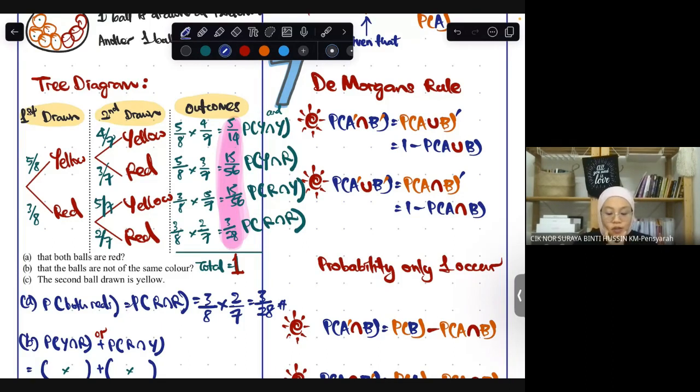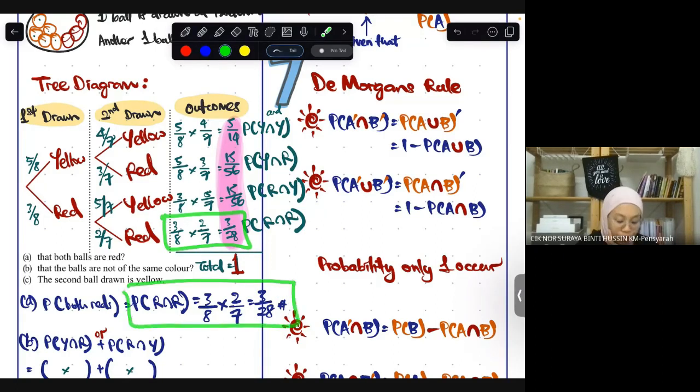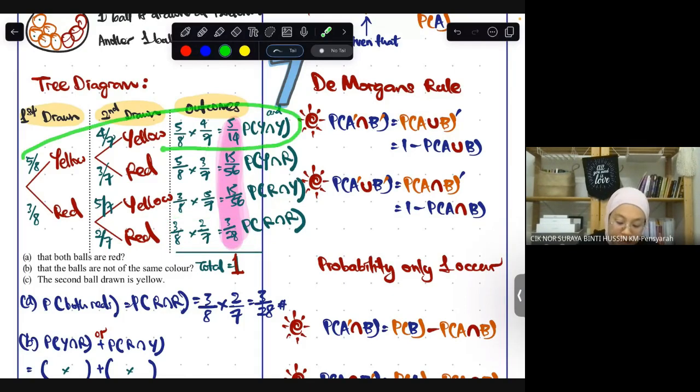Actually you can directly answer. If you write here it's fine, write there it's fine, up to you. Writing twice is even better. Why do I want to write here? Because I want to show that these are the probability that event yellow and yellow is happening, and this is the probability of red and red happening. Without replacement means from 8 balls minus 1, so 7 balls at the second pick.